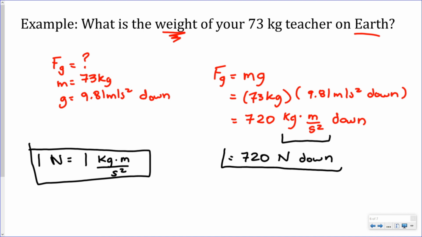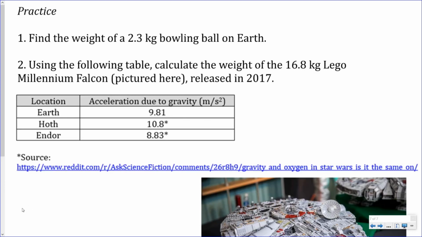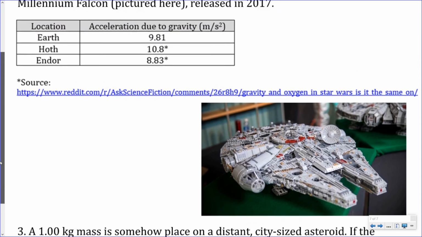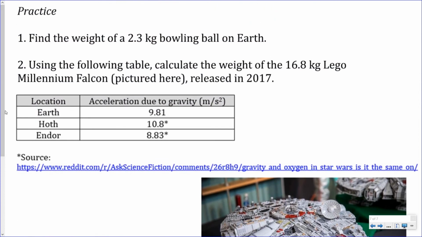Personally, I like writing it with newtons, especially when we start rearranging this formula and we're given values for the weight in newtons to begin with. What I'd like for you to do now is try these three questions on the last slide of your notes, and best of luck.